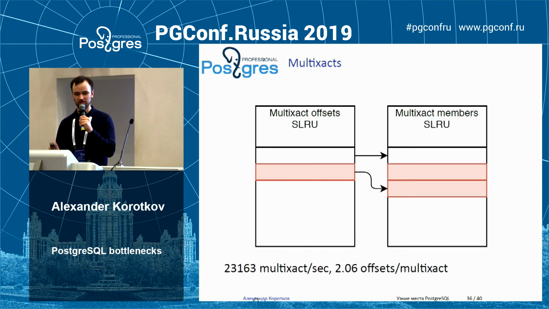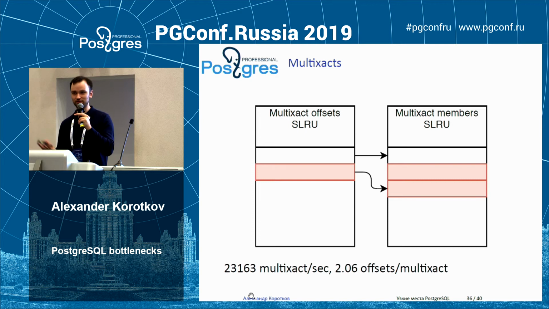The reason is simple. Postgres has a mechanism called multixact. It is needed if the number of transactions related to this row is more than one. The row has a field called xmax, where you can identify one transaction ID.